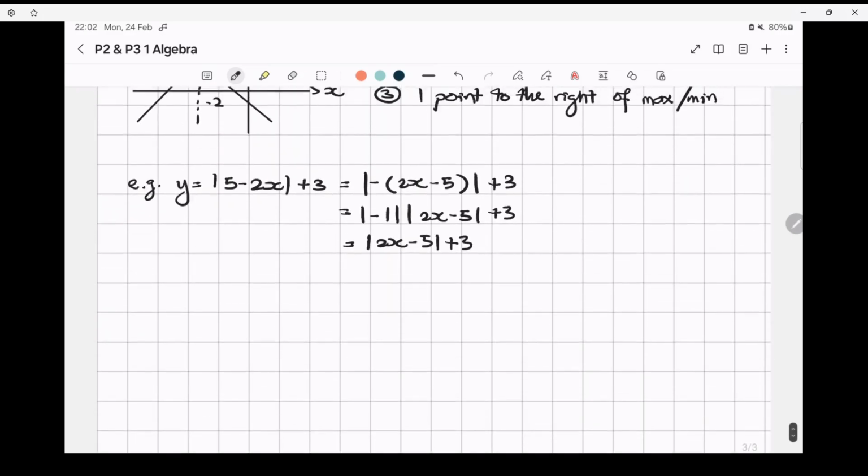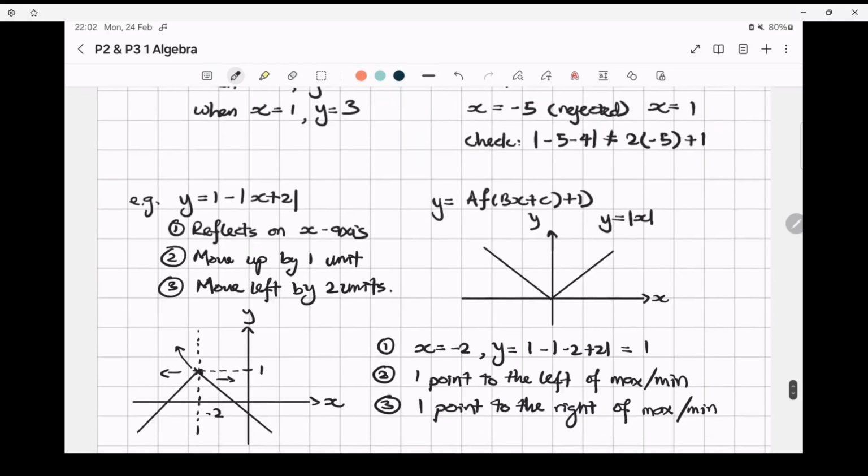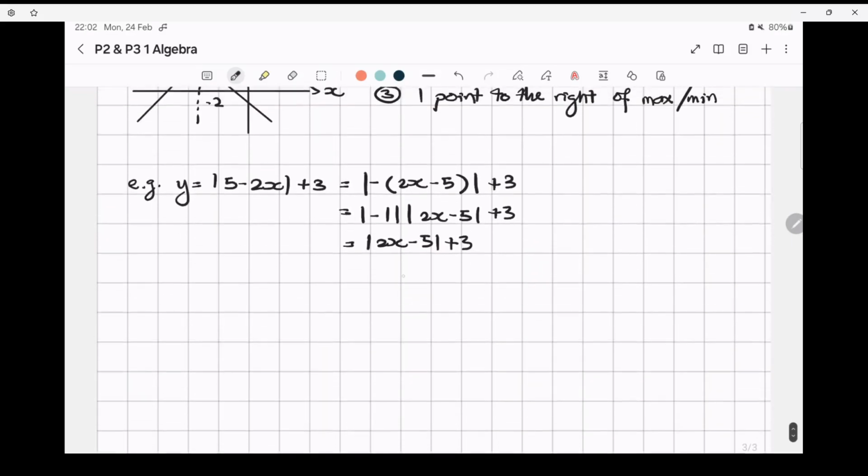So if you just study this by function transformation, there's actually more things that you can do. You can even factorize out, for example, the 2 outside.